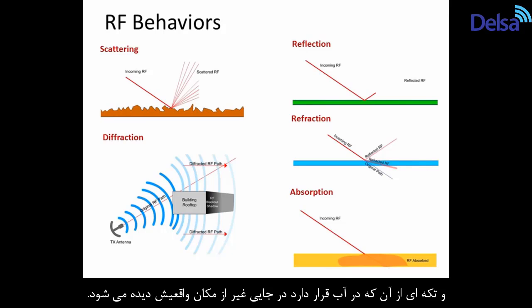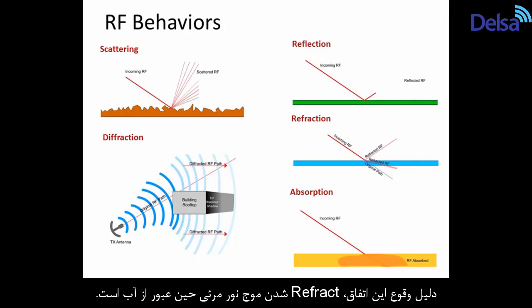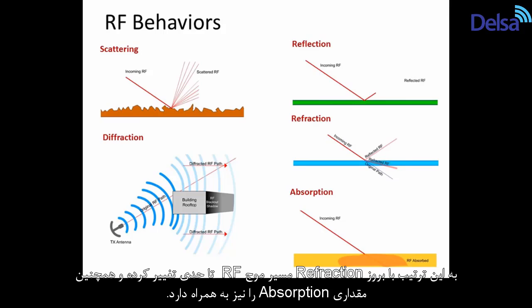And so you'll see the part of the knife that is in the water appears to be at a different location than where it really entered the water. There's this kind of illusion that occurs. That's because the light waves are refracting as they pass through the water. And so refraction can also occur, slightly changing the path of an RF wave, and of course some absorption as well.